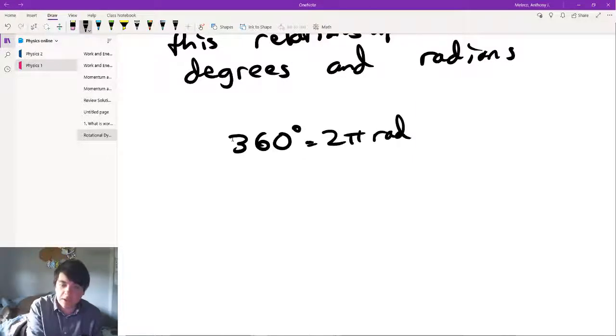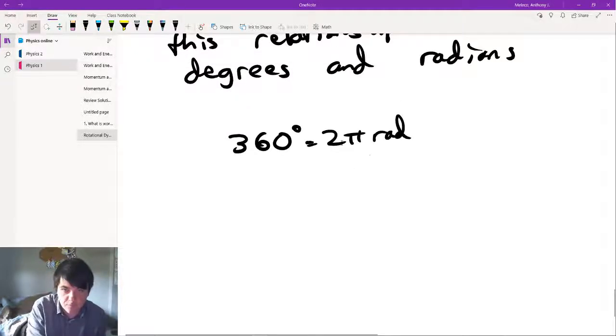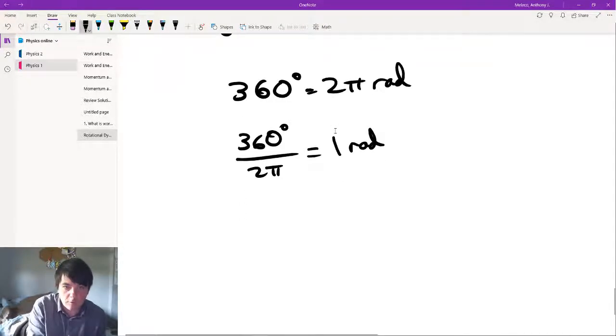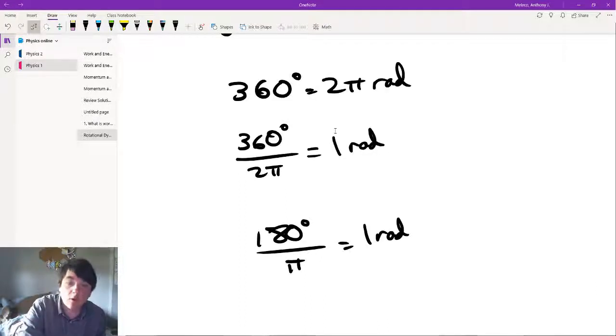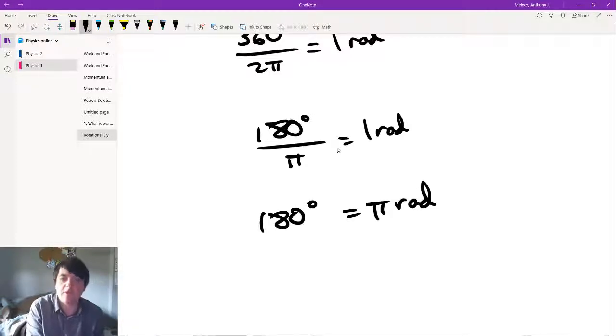I'm going to just divide this over. 360 over 2 is 180 over pi equals 1 rad. Or you could multiply this over and get 180 degrees equals pi radians.